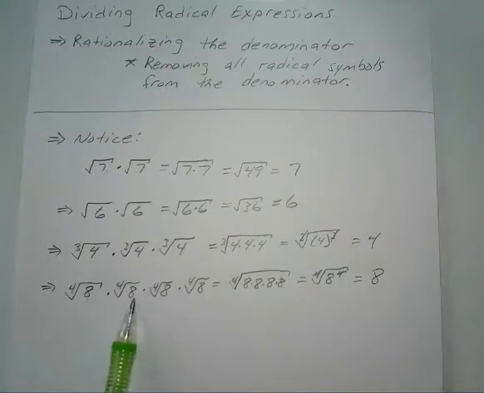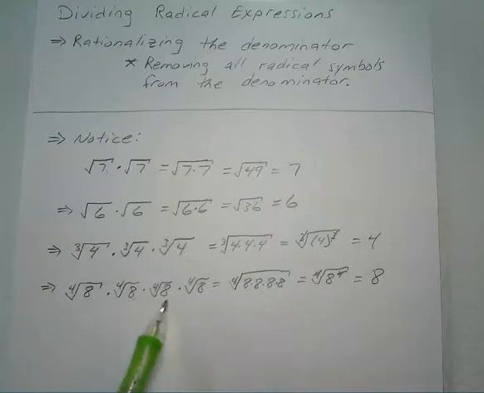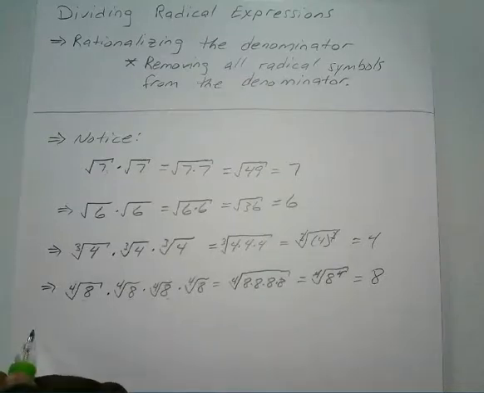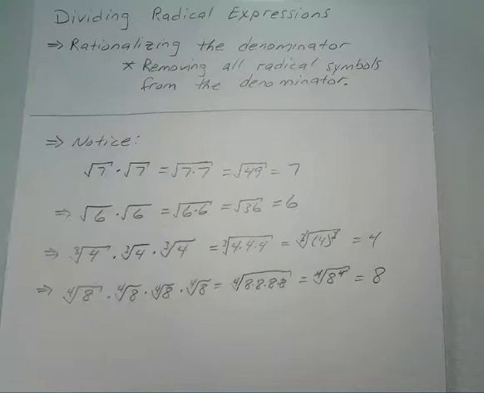Here, 8 times 8 times 8 times 8 will cancel out with the index and leave you with 8. So if the number of radicands you're multiplying is equal to the index, they will actually cancel out with the index and the exponent. All right, so let's apply that to our example.